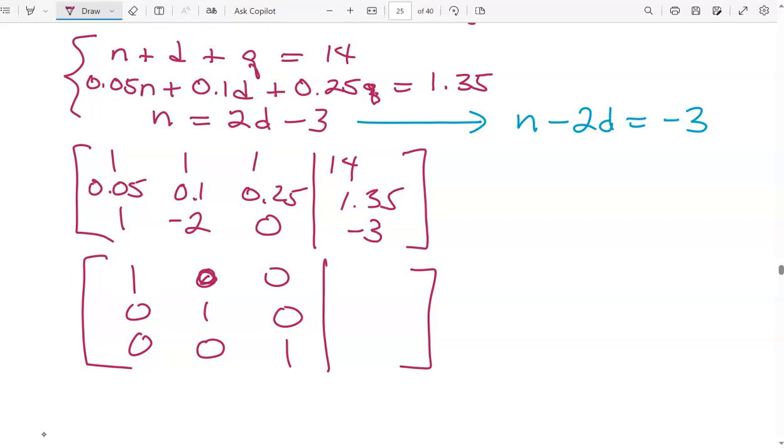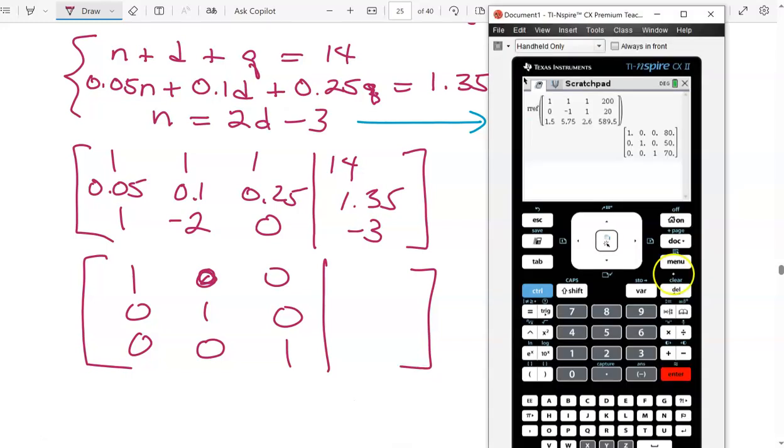I know what the left side is going to look like. Let's use the calculator to figure out the right side. We're going to type in RREF for reduced row echelon form, open parentheses, and the matrix menu to the right of the 9 key. And then type in the original matrix after we enter the dimensions 3 by 4.